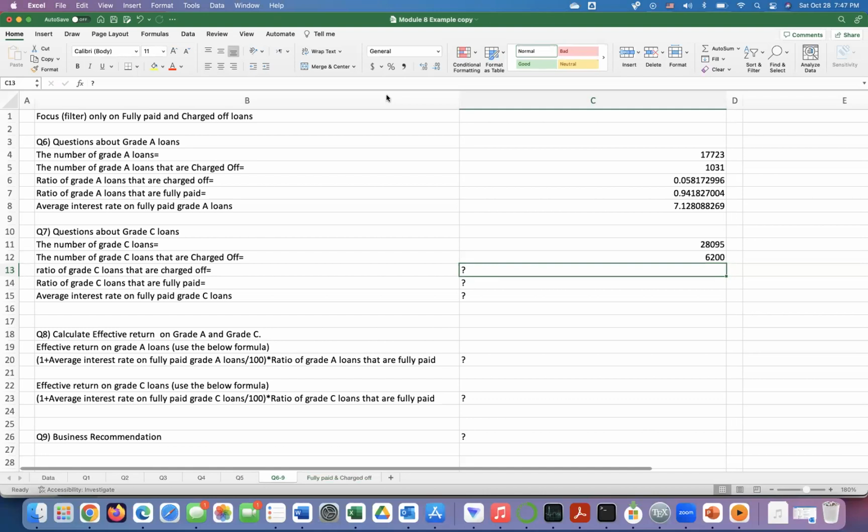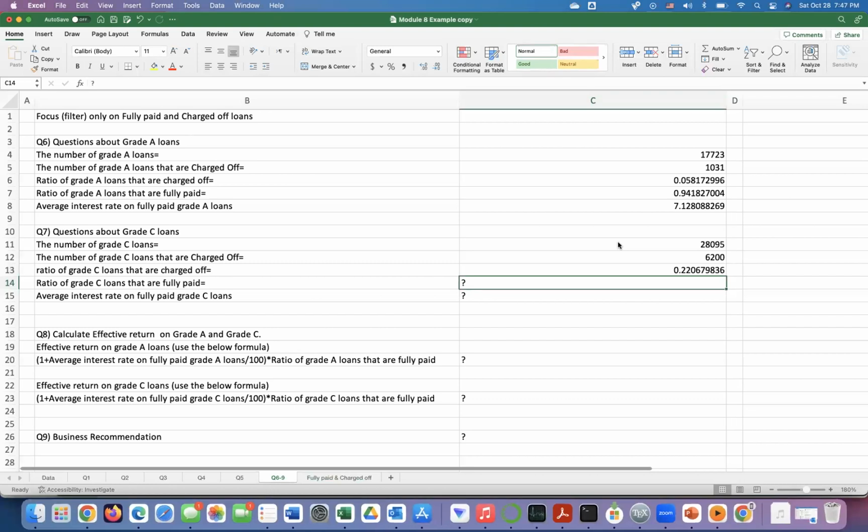$6,200. The ratio of grade C loans that are charged off is going to be this guy divided by this guy. It's 22%. That's a lot. So you see the difference between grade A loans and grade C loans.